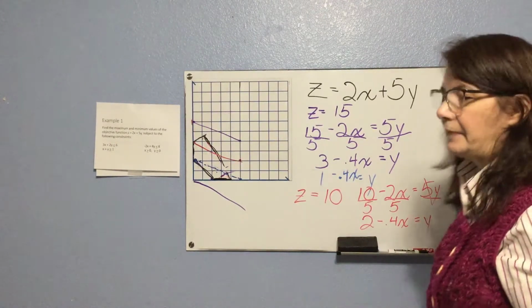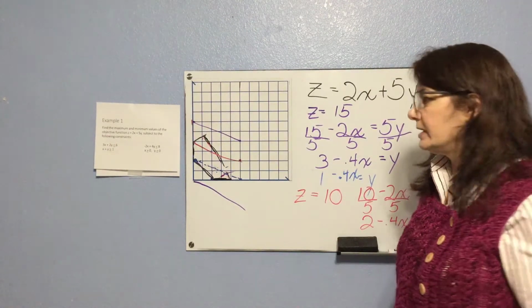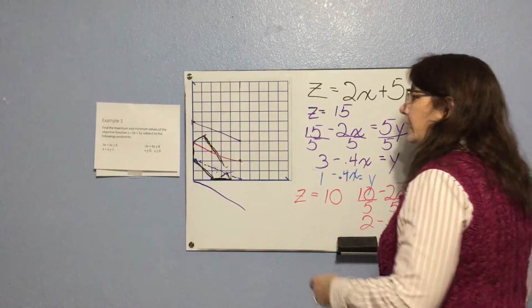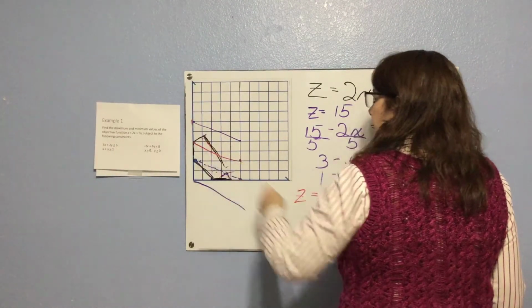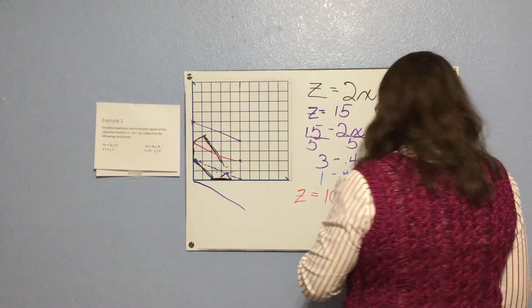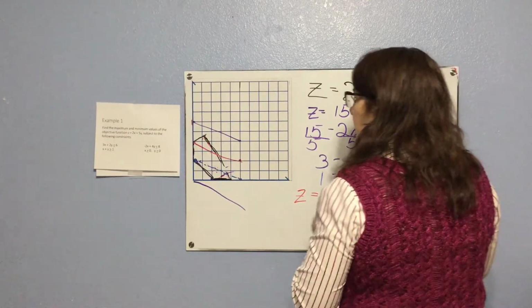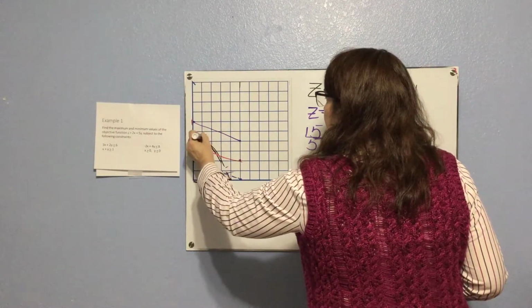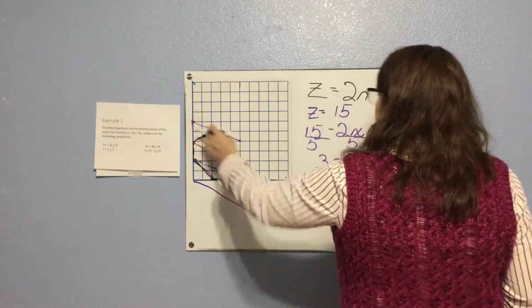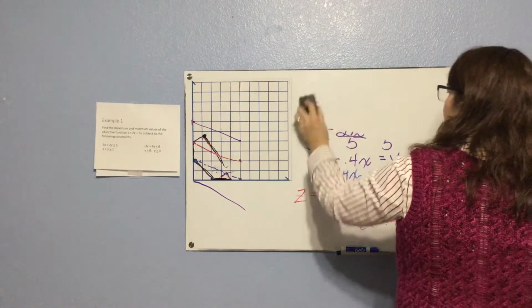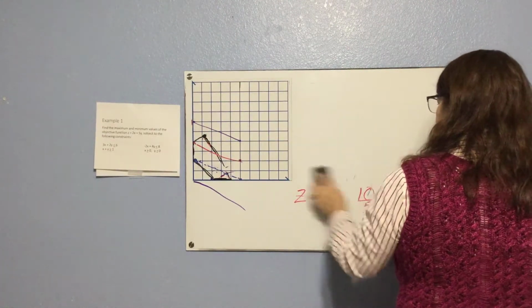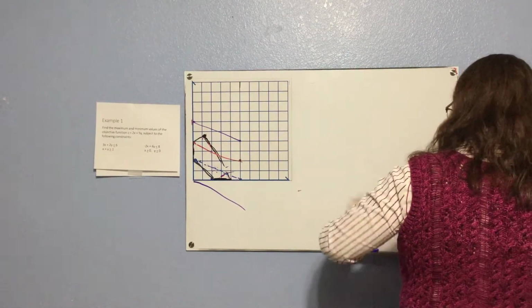So how do I find my maximum value for z? I know that it's less than 15, greater than 10, and it's right here. And the question is, where is right here? What is that? Well, let's go back to our original constraints and see if we can find that point.